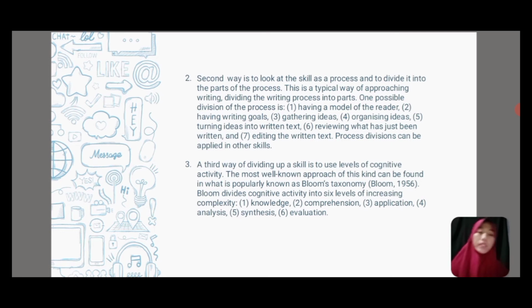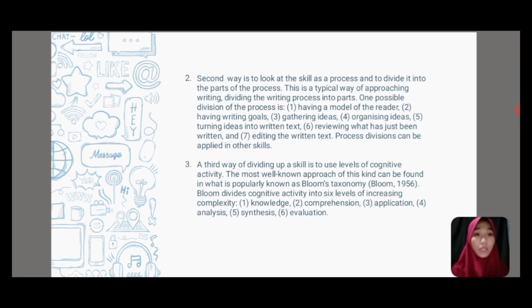And the last, number 3, a third way of dividing up a skill is to use level of cognitive activity. The most well-known approach of this kind can be found in what is popularly known as Bloom's taxonomy. Bloom divides cognitive activity into 6 levels of increasing complexity.